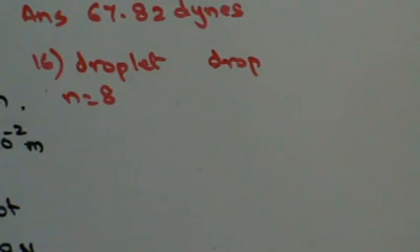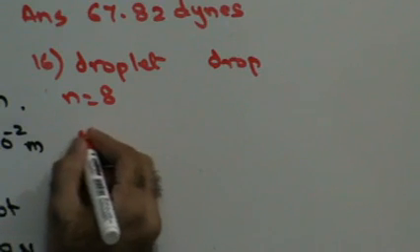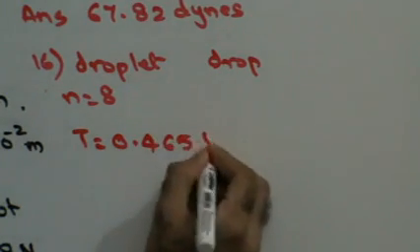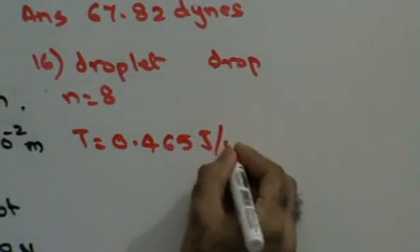Find the change in the surface energy if the surface tension of mercury is 0.465 joules per meter square.